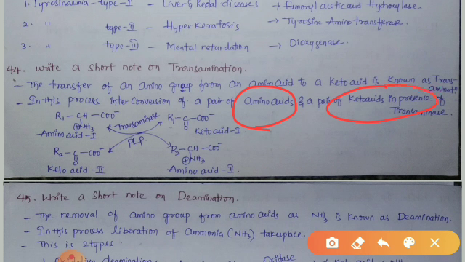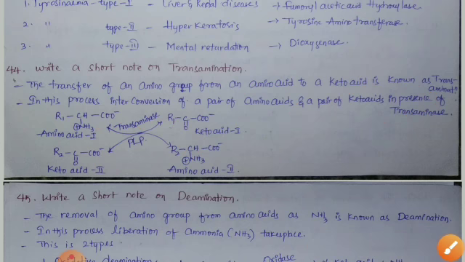One amine group from the amino acid is transferred to the keto acid. By receiving the amine group, the keto acid is converted into an amino acid. So there is interconversion between the amino acid and keto acid pairs.